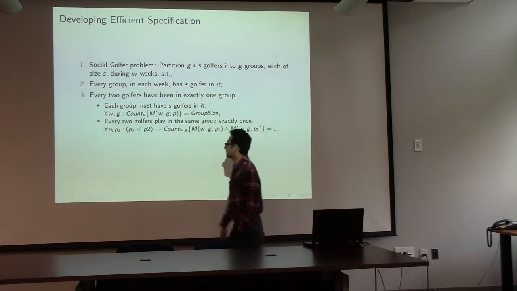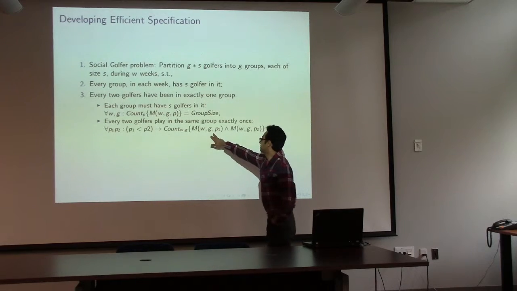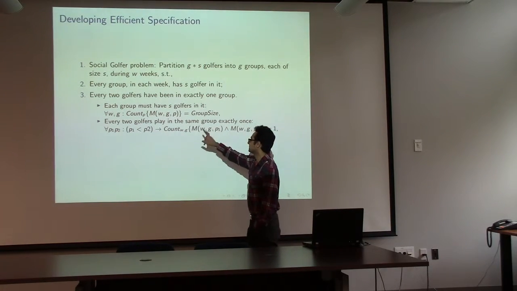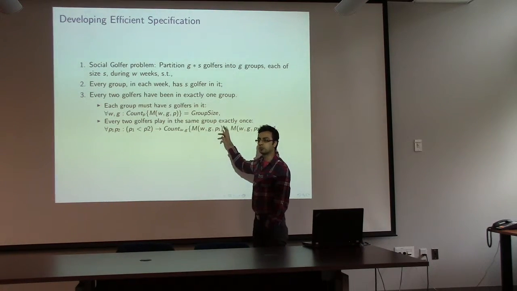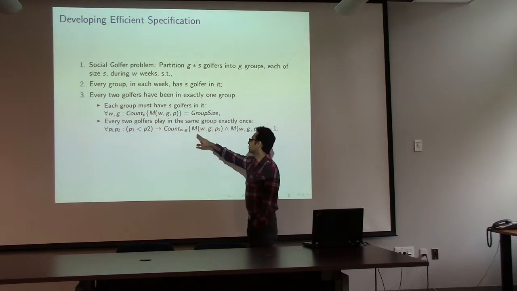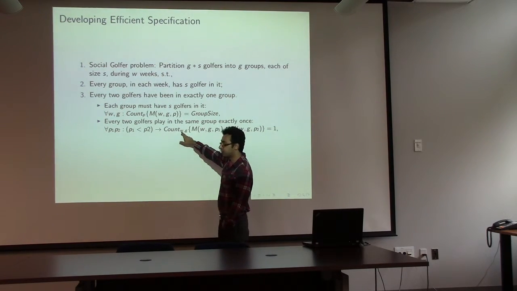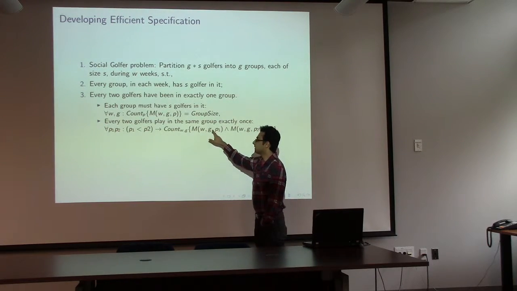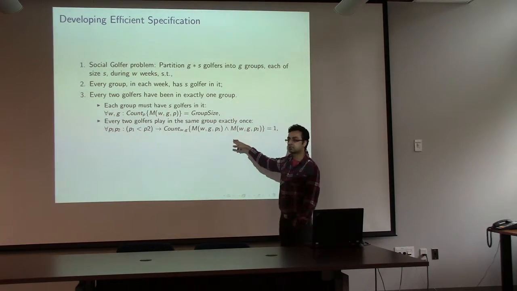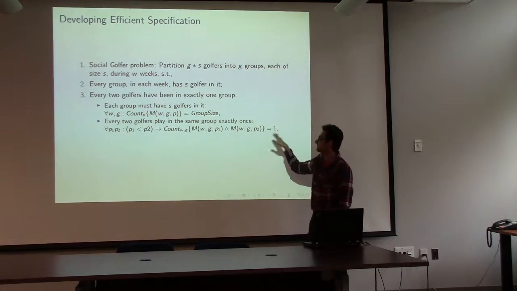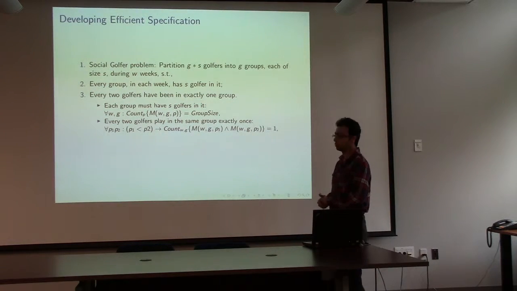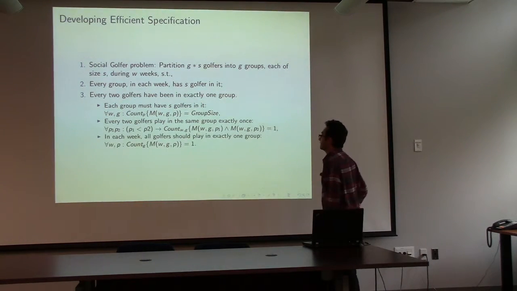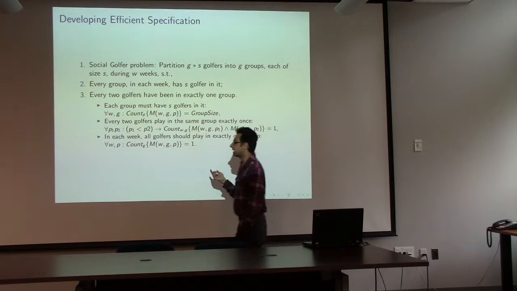I forgot to say, M(W,G,P) means that golfer P plays in group G in week W. So I'm saying that the number of weeks and groups such that P1 is playing in that group and P2 is playing in the same group should be 1. So it says that for each two golfers, there is exactly one group that they're playing in. And the last one says that in each week, every golfer should be playing in one group.